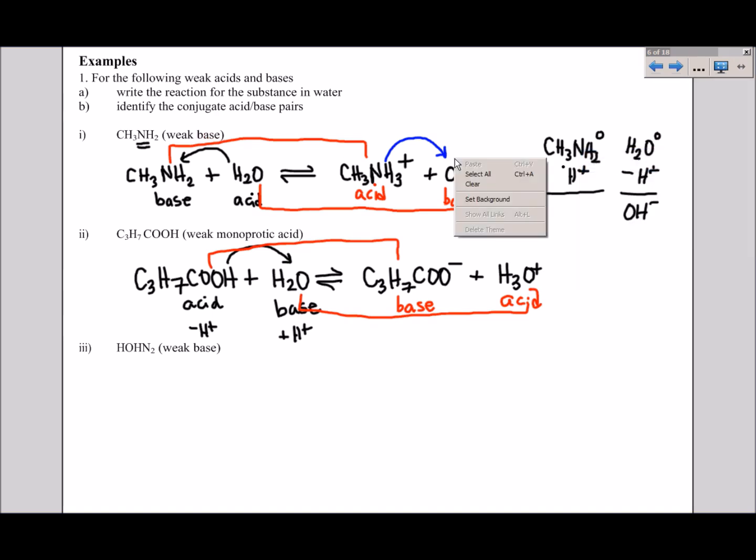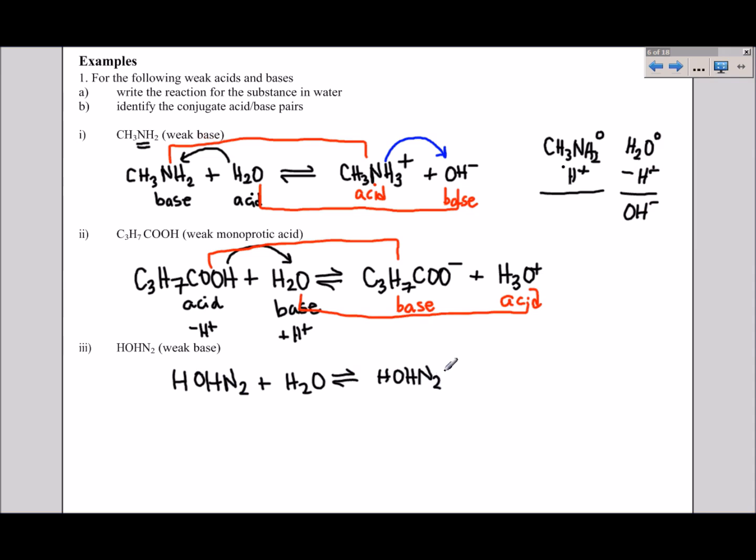So we'll do one last example here. Okay, this one here is a weak base. And one question that oftentimes students will have when they're first writing these is, does it matter where I put the H+?